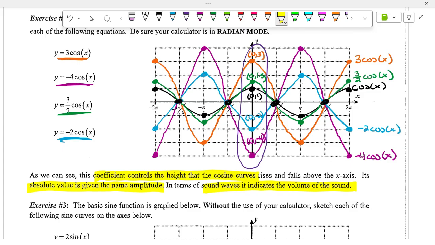Have you ever heard, with rock and roll players, they have amps? That's short for amplitude. Okay? So amplifier, but it comes from the amplitude. So if you actually look at the sound waves, the louder you play, the taller it's going to be. The softer you play, the lower it's going to be.